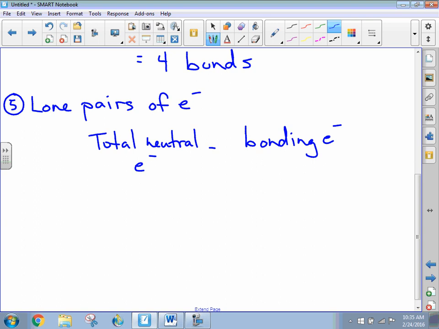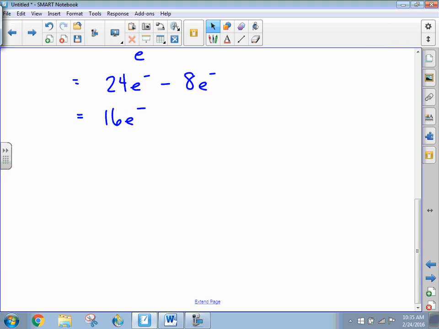So for us, that's 24 electrons minus the 8 bonding electrons, which leaves us with 16 electrons that will be situated in lone pairs.